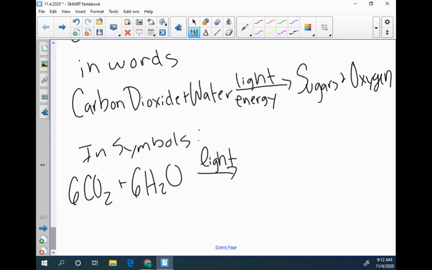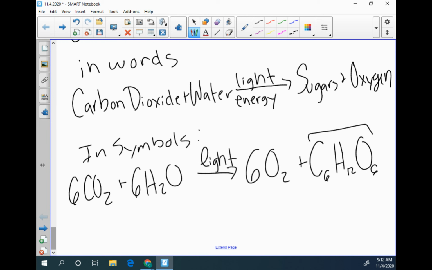And that will give us 6 O2 and 1 glucose, or C6H12O6. 6 CO2 plus 6 H2O with light energy will give us 6 O2 plus C6H12O6. This is glucose.